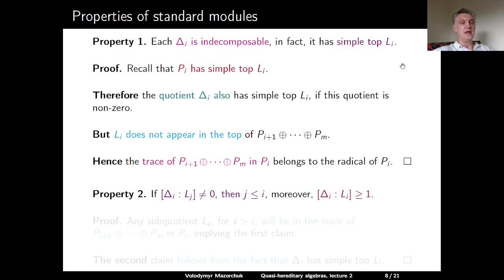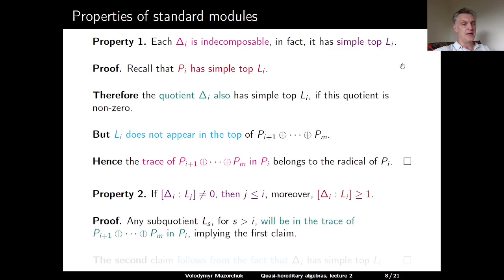Property 2. If some simple module Lj appears as a subquotient in the composition series of delta I, then j is less than or equal to I. Moreover, Li appears in delta I with non-zero multiplicity. Proof.